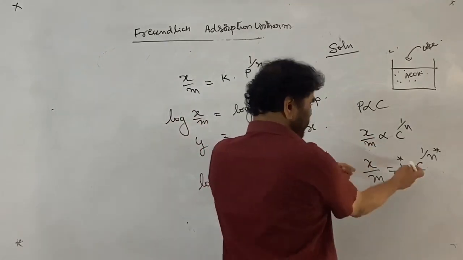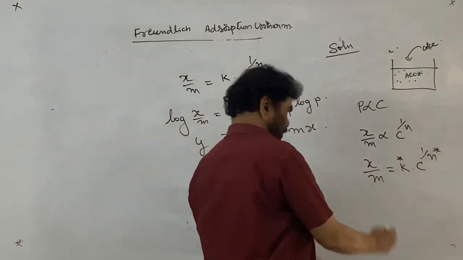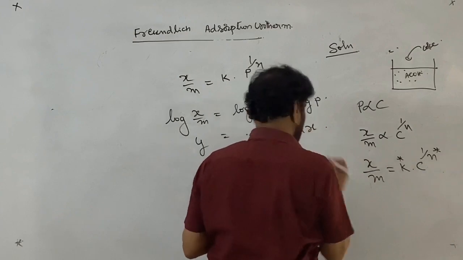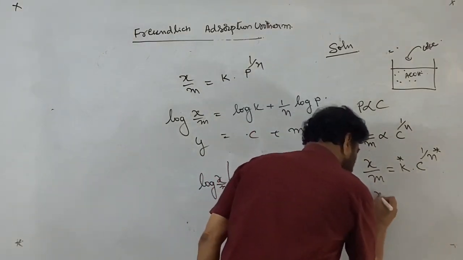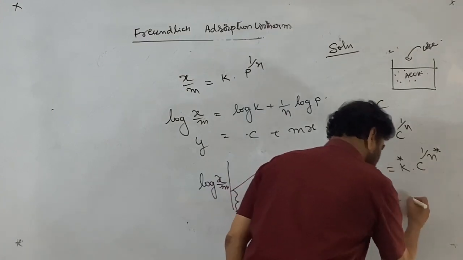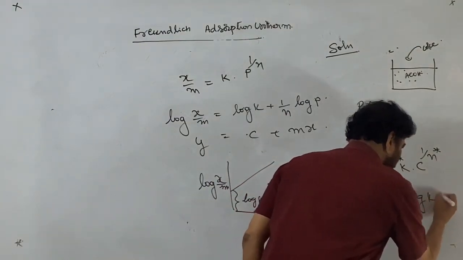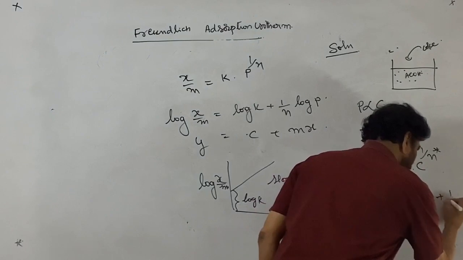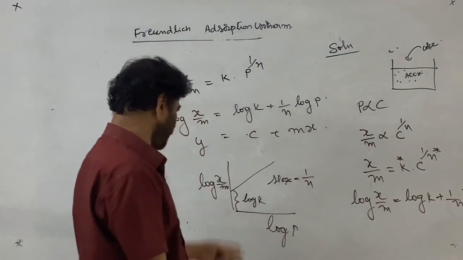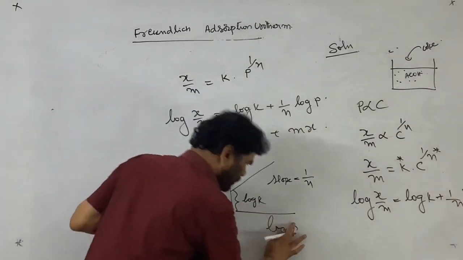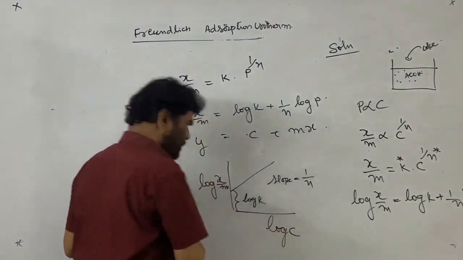Instead of P we are using the concentration. Now if you take the logarithmic expression, log x by m is equal to log k plus 1 by n log c. Same graph, but instead of log p we have to use log c.